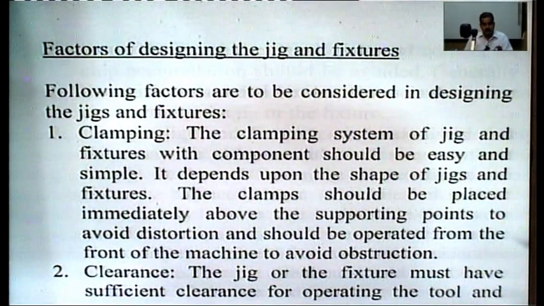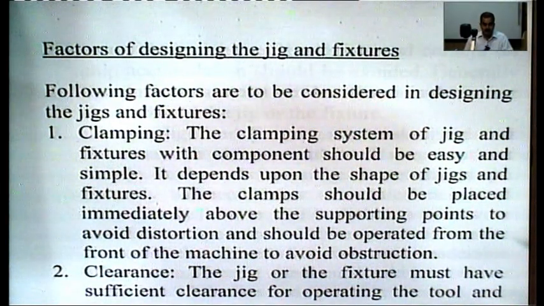The clamping system of jig and fixture with component should be easy and simple. It depends upon the shape of the jigs and fixtures. The clamps should be placed immediately above the supporting points to avoid distortion and should be operated from the front of the machine to avoid obstruction.